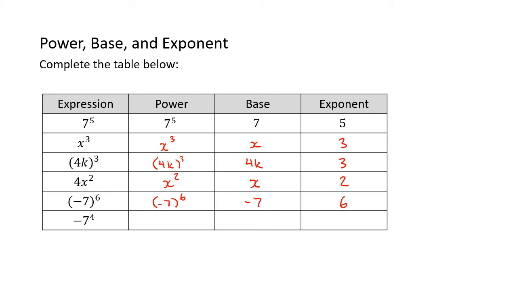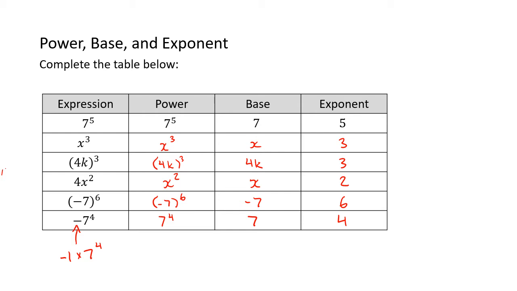We have negative 7 to the exponent 4, but it's not in brackets. So the power here is simply 7 to the exponent 4. This negative is just like having negative 1 multiplied by 7 to the exponent 4. So the base here is 7 and the exponent is 4.